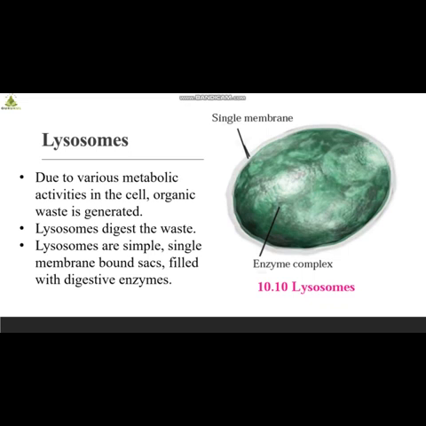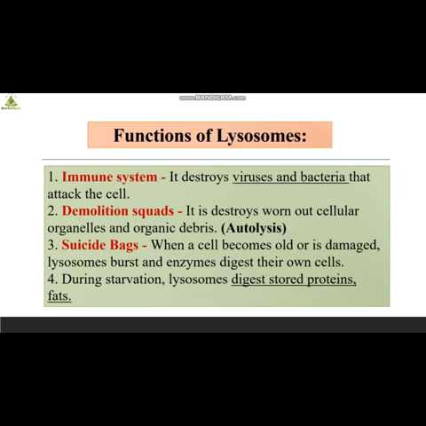So it is a simple single membrane bound sac, filled with different digestive enzymes, enzymes which are very much involved in the digestion of the waste. Very simple. Now, functions of lysosomes, let us see one by one.